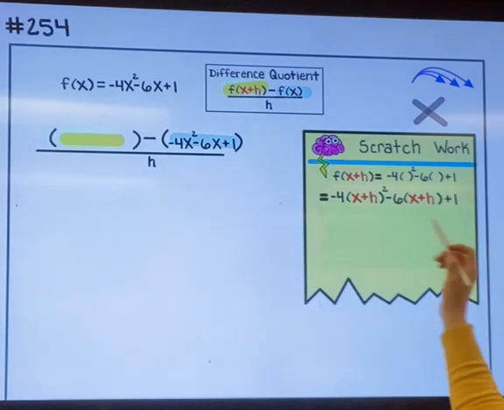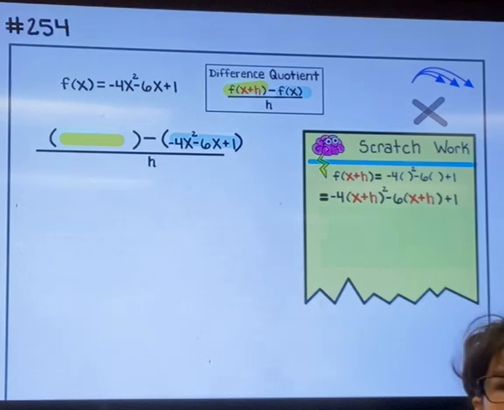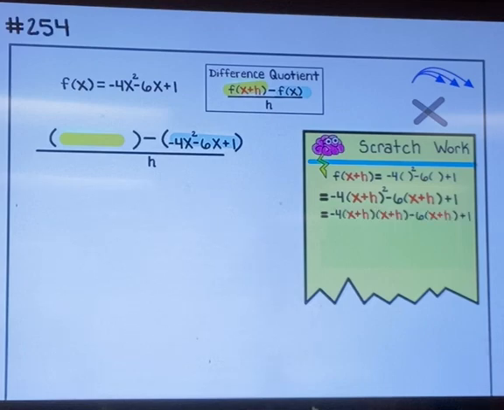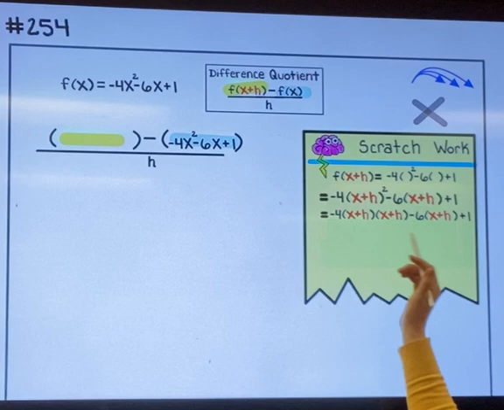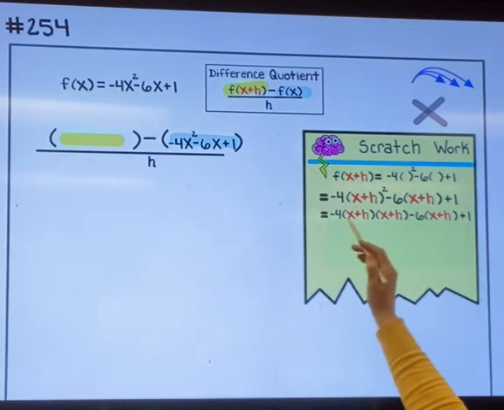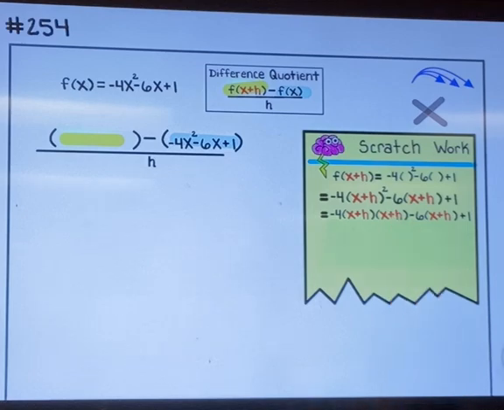Now, once I have replaced every x in the original function with x plus h, I have a bunch of simplifying to do. X plus h quantity squared means x plus h times x plus h. I need to multiply all three of these together. I'm going to start by multiplying the x plus h's together.